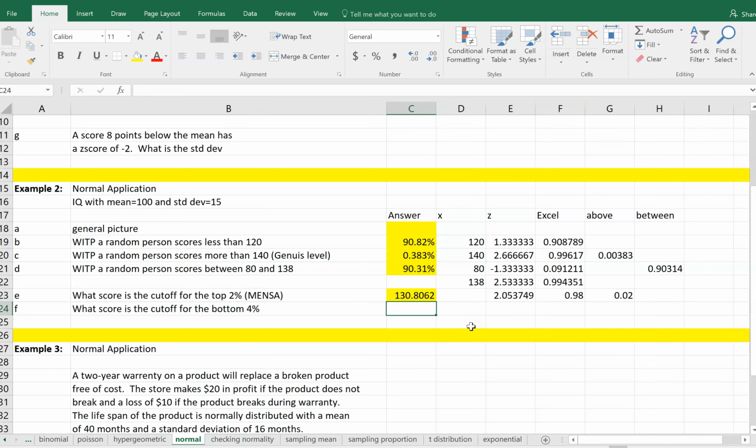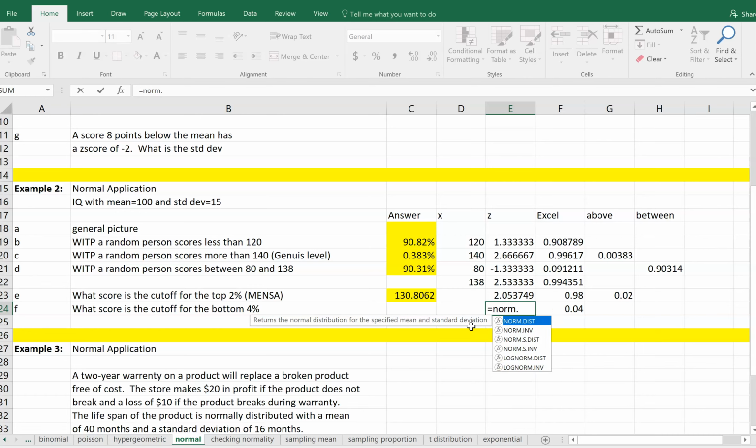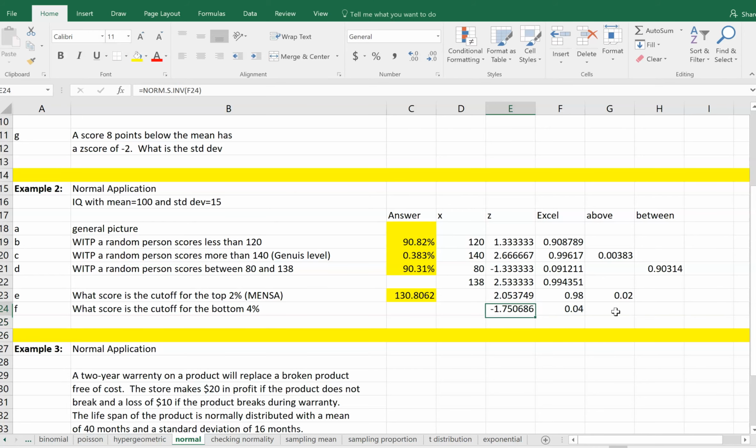So how do I find the cutoff for the bottom 4%? Well, I already know what the bottom is. It's 4%. To find a Z from the bottom 4%, you would just use NORM.S.INV on that number. Again, think about that. This is the bottom 4%.